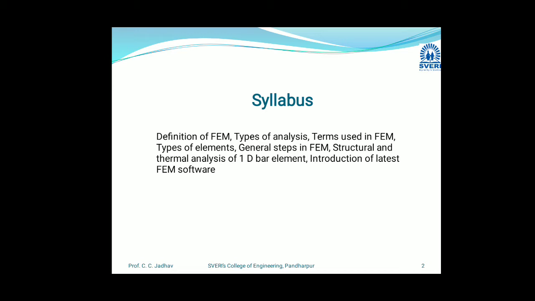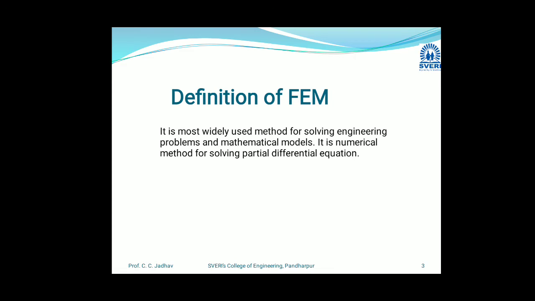So we will start from the first point, that is the definition of the finite element method. It is one of the methods for solving engineering problems and mathematical models. Typical problem areas of interest include the traditional field of structural matrix analysis, heat and mass transfer, and electromagnetic potential.